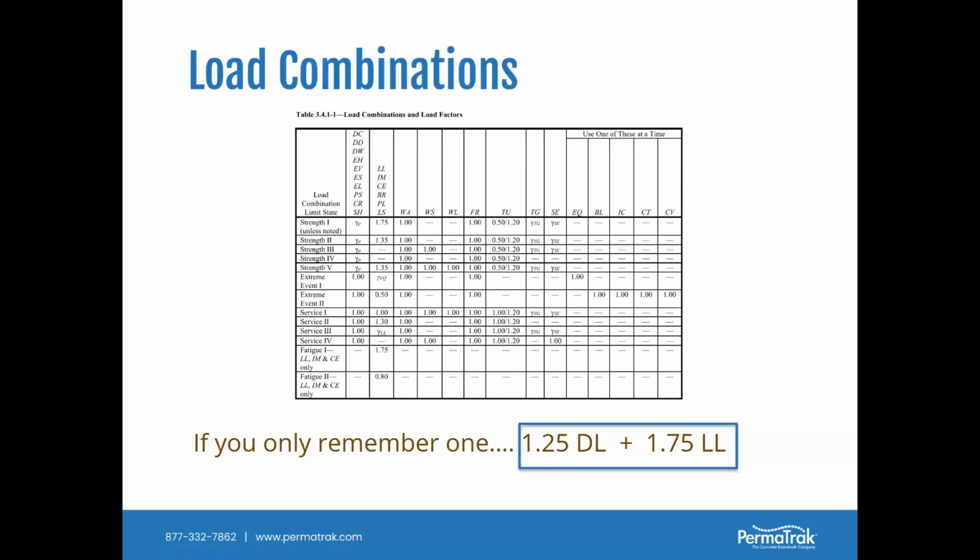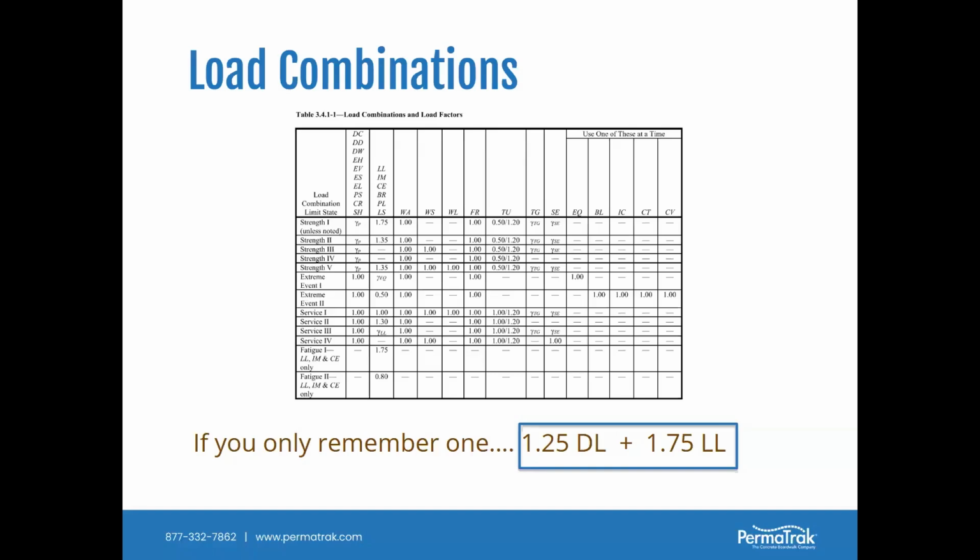These load combinations, now I know there's a lot on this screen for you to look at, and I'm not going to explain all of those numbers, but just know that if you're referring back to the AASHTO Bridge Code, if you were a bridge engineer, you would be looking at most of these load combinations. And the AASHTO Bridge Code says that, hey, for load case number 1, you need to have this load factor for this type of load plus a dead load times this load factor.